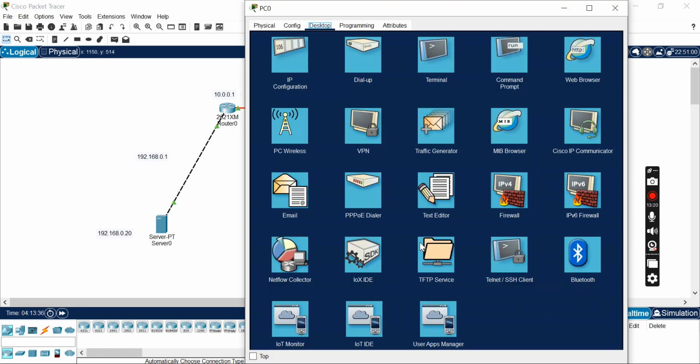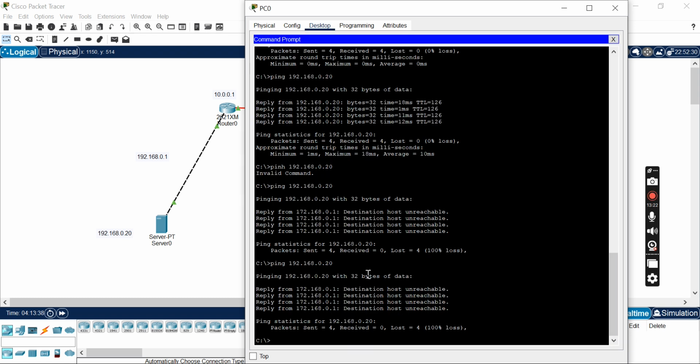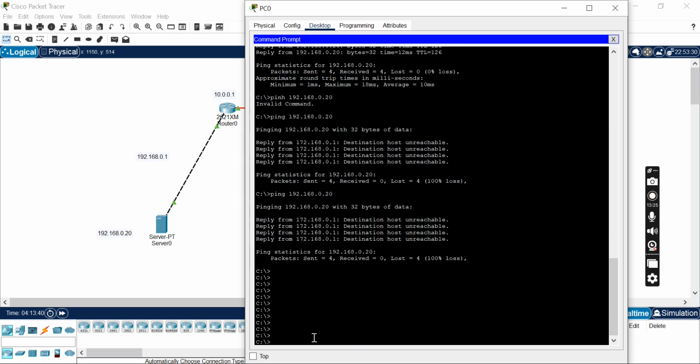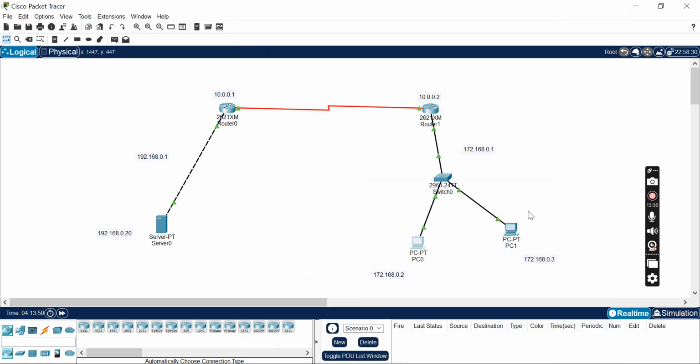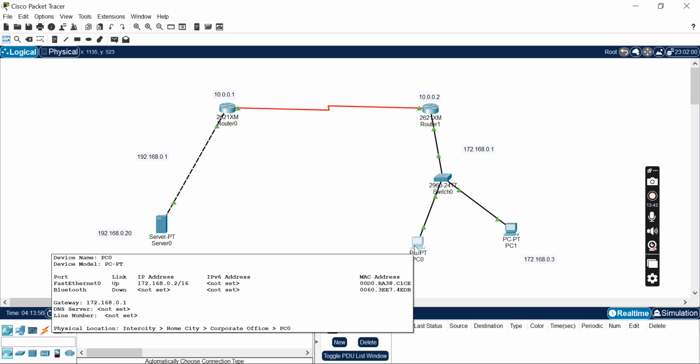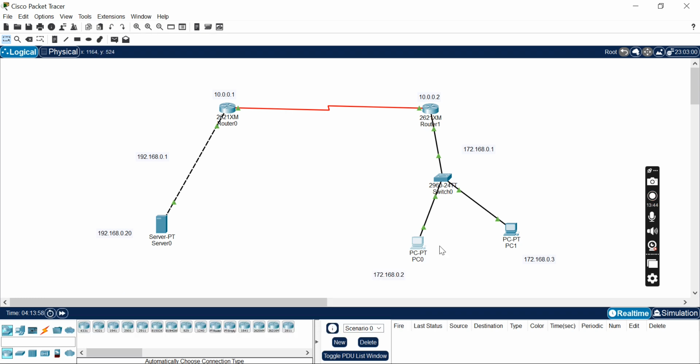So I'm going to my command prompt, and then I'm going to ping my inbound computers in the same area from my blocked network.